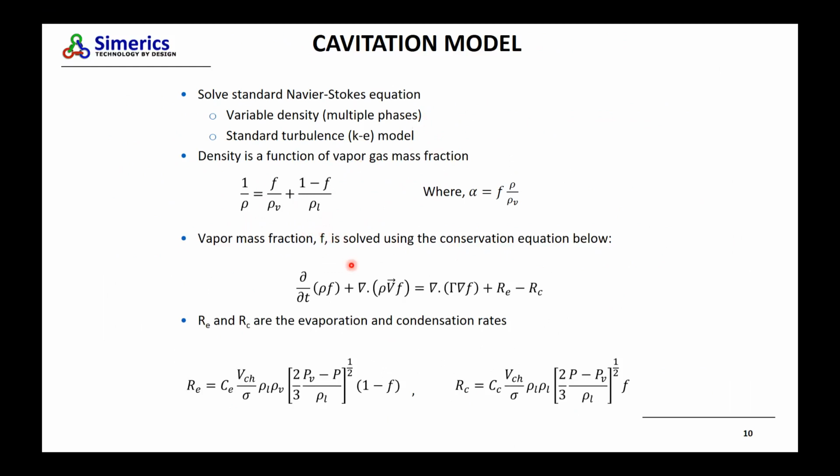For the vapor mass fraction, we use the conservation equation below. You'll notice that it's the standard conservation equation, but we have the evaporation and the condensation terms, which will be the source and the sink terms in this conservation equation. We are showing here the evaporation and condensation rates, and how they are formulated.